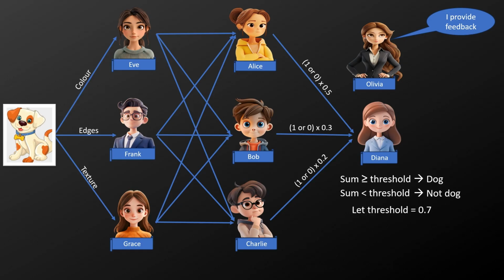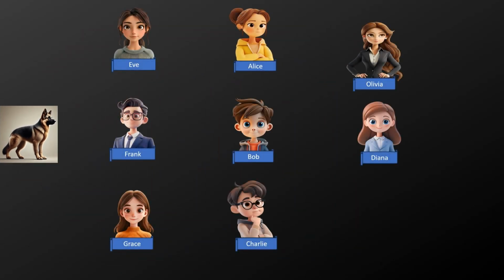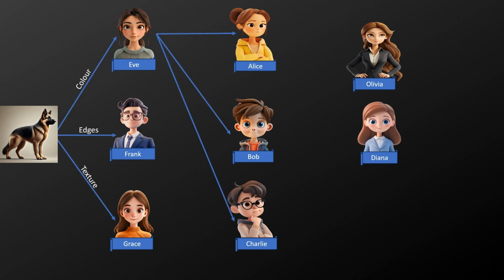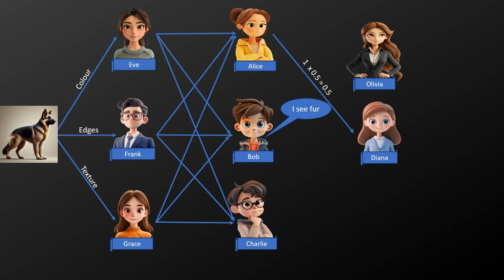Now, let's say an image of a dog is presented to the team. Eve, Frank, and Grace extract the color, edges, and texture information from the image and pass it to Alice, Bob, and Charlie. Alice sees 4 legs and outputs 1. So she assigns 1 into 0.5 to the total confidence score. Bob detects fur and outputs 1. So he adds 1 into 0.3 to the next stage.